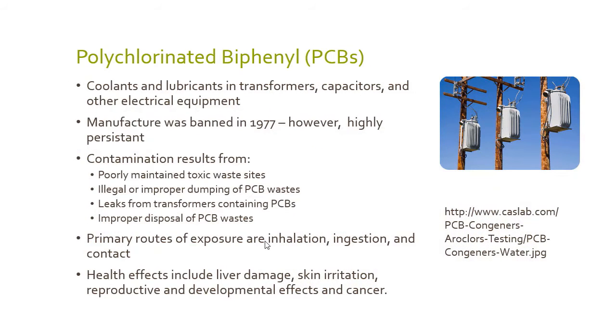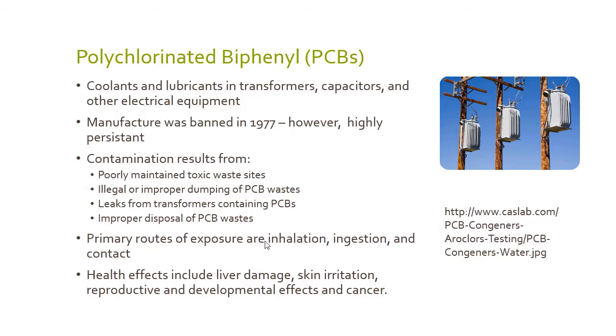PCBs are incredibly important. Any electrical transformer, capacitor, or other electrical equipment may potentially contain PCBs. The manufacture of PCBs was banned in 1977. However, it is incredibly persistent in the environment. So if you ever see a transformer, you need to look at that transformer and see if it has a special sticker on it. If it has a special sticker, it'll say something like PCB free or environmentally friendly.